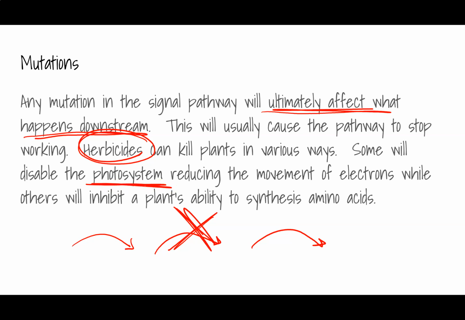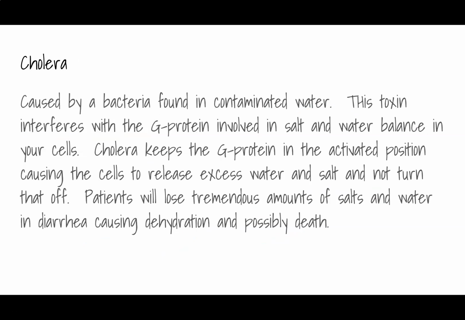And we remember the photosystems from photosynthesis, which is in the last chapter, which is this series of breaking down the water and exciting the electrons and all that other good stuff. And if you mess up that movement of electrons, you inhibit the ATP. No ATP, you could ultimately mess up the ability to synthesize amino acids and or proteins. So messing up one step can definitely mess things up further down the line.